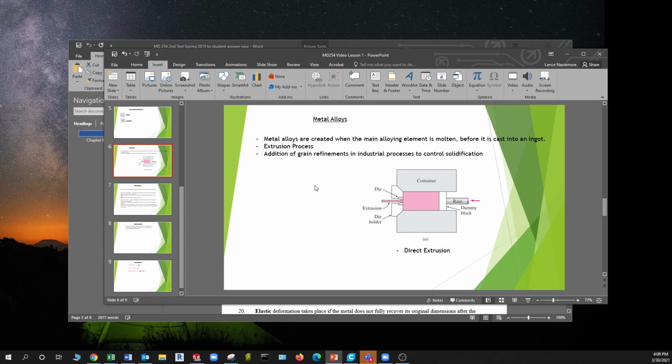Now there is a process known as forge welding, and you can forge two different types of steel together, or two different, it doesn't even have to be steel, it could be different materials altogether. And you can forge those together, but those don't really create an alloy; that creates a non-homogeneous mixture of two different materials.